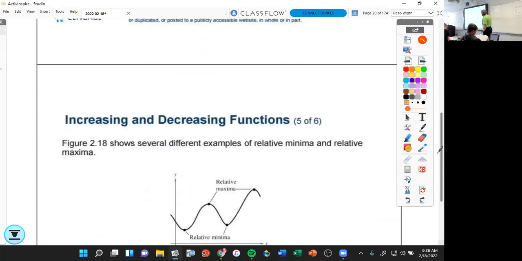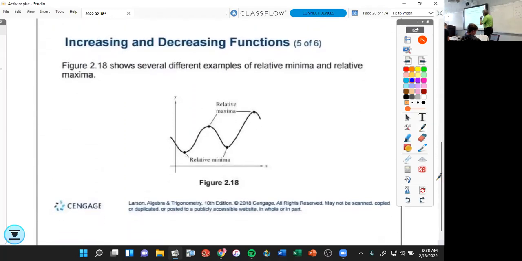I'm moving on. So here is a graph. And let's assume, now let's not assume anything right now. So looking at this graph, I don't know what it does. You know, it doesn't have an endpoint. It doesn't have an arrow. So I really don't know what this graph is doing after these points. So I'm going to ignore them. Okay. So this graph going from left to right, it's going down and then it's going up.